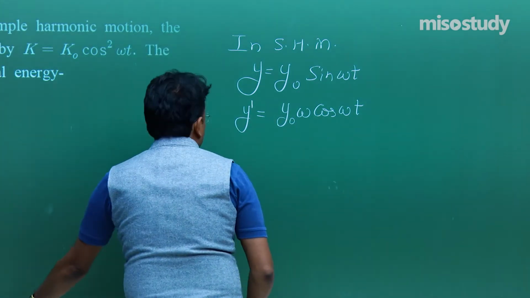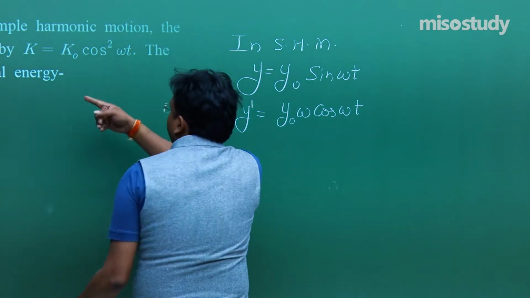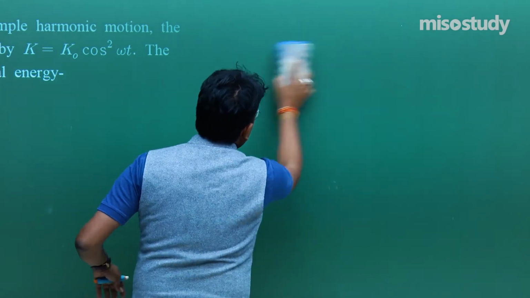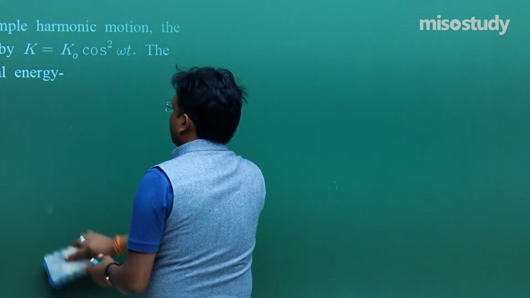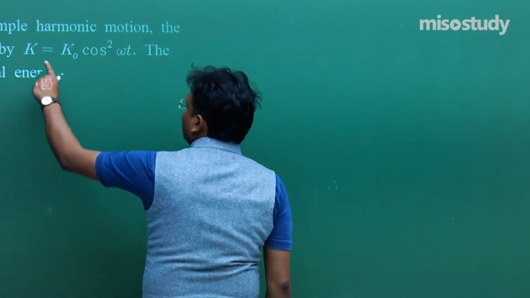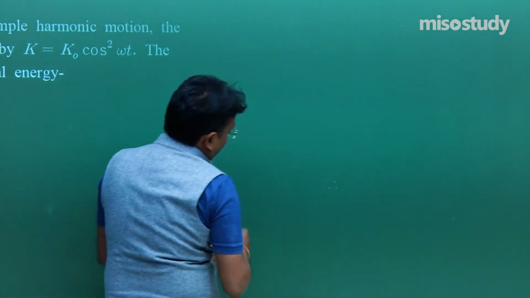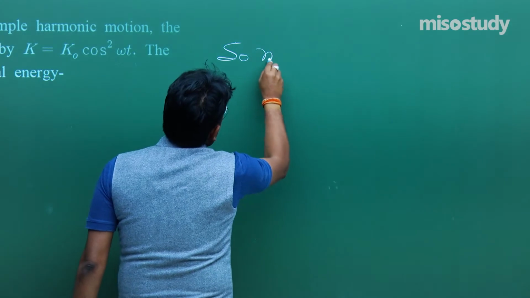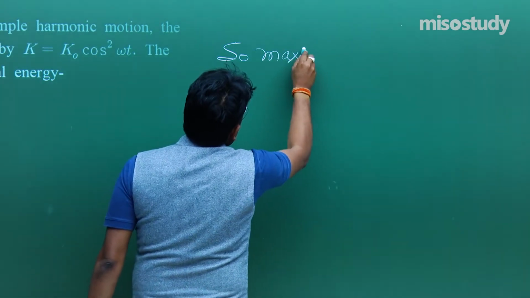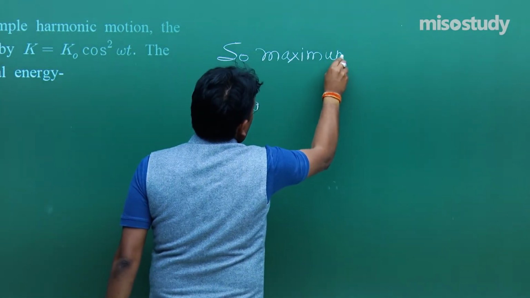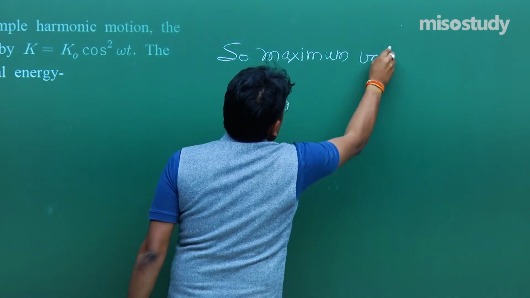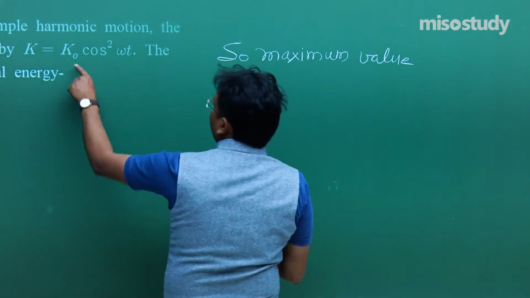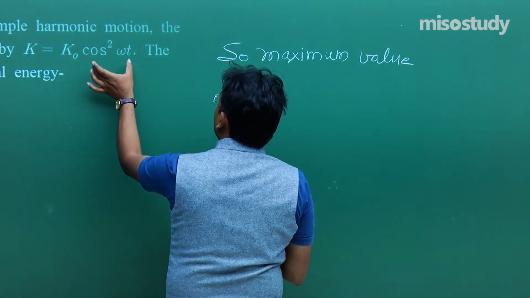Now let's start the particular solution of this potential energy. This is something which I mentioned so that you can get a proper understanding of why we are writing kinetic energy in this format. Fine. So maximum value of, as it is mentioned over here, so directly I am taking this value.